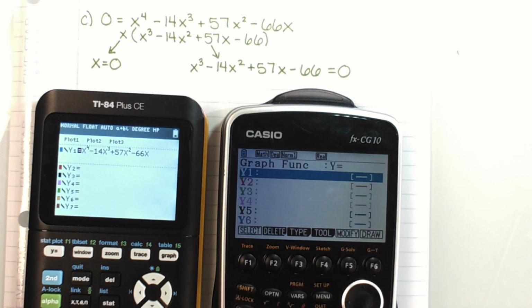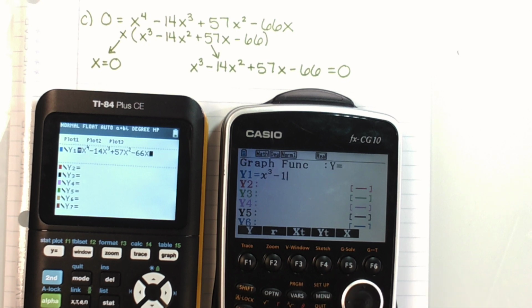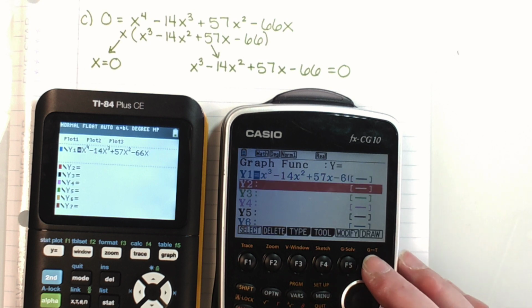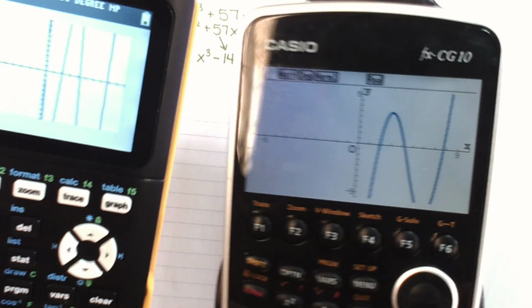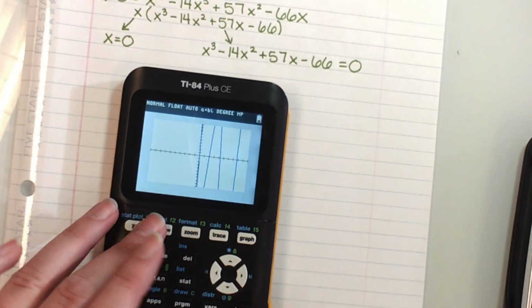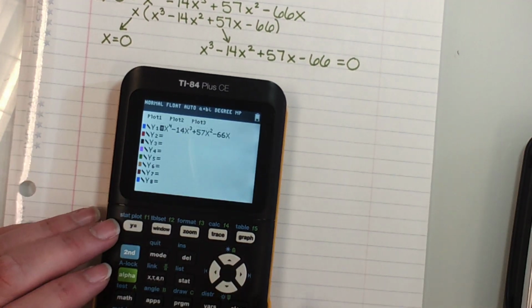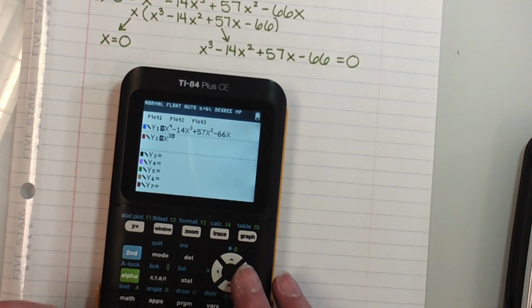In fact, I'm going to type in each of them to make my point. In fact, it would have been better yet, still, if I had put them into the same calculator.